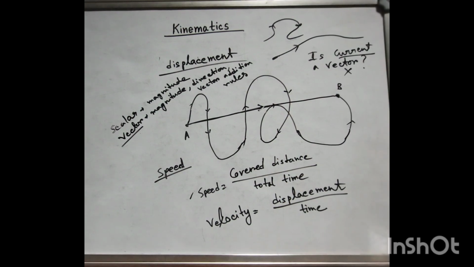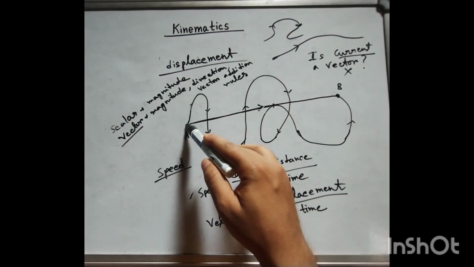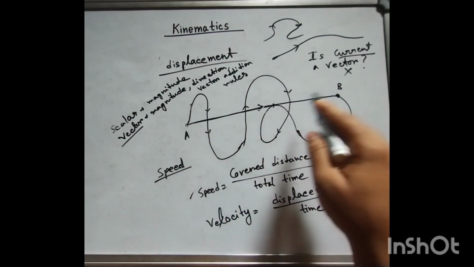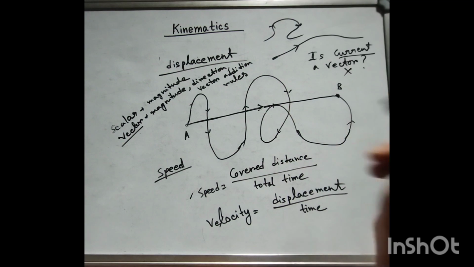The speed and velocity we found to go from A to B are actually average speed and average velocity, because we have taken total distance or displacement divided by total time.